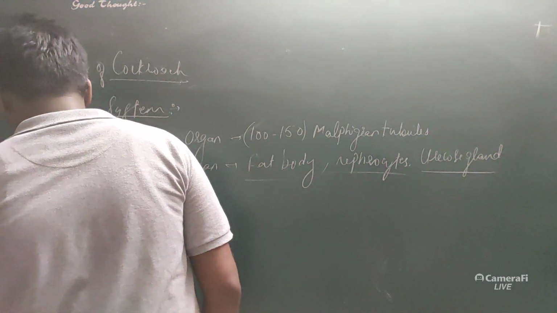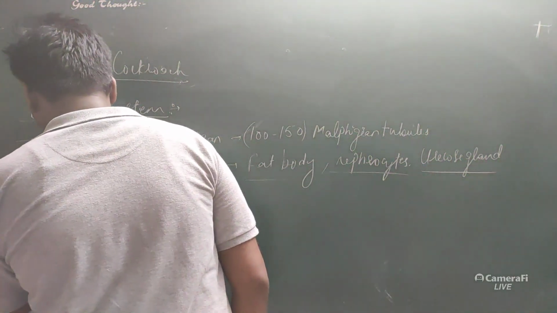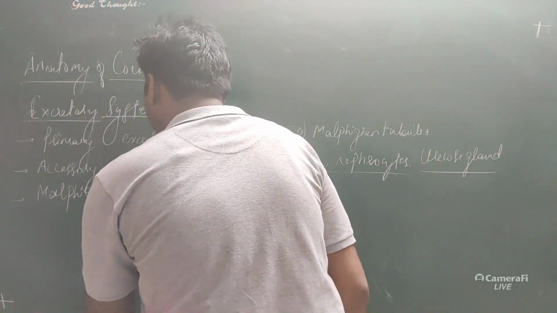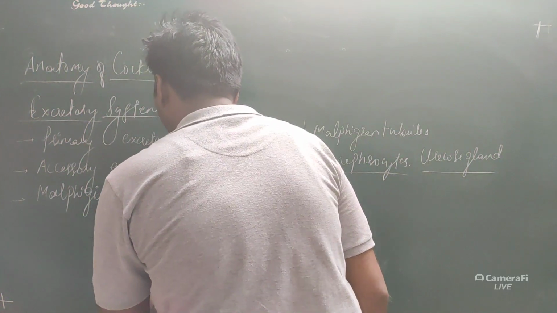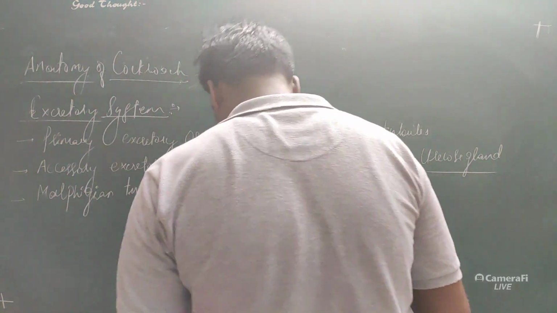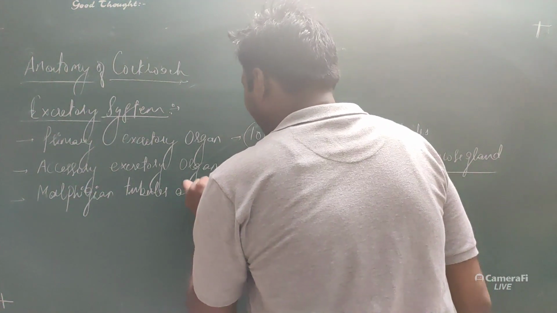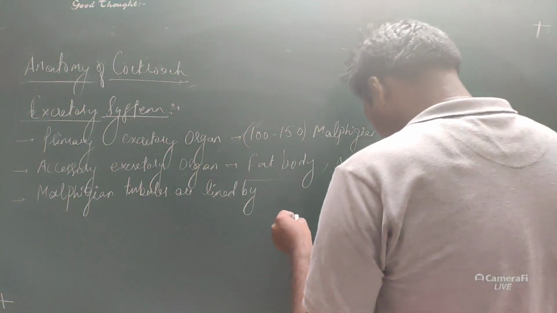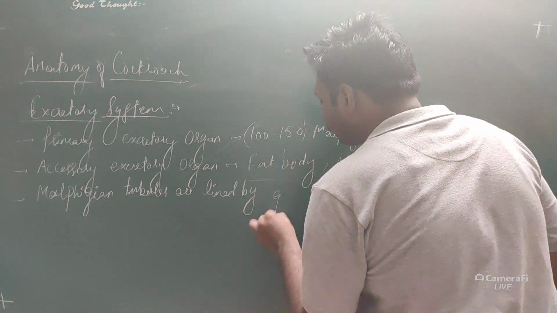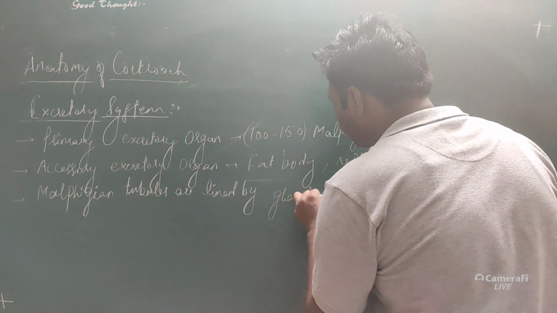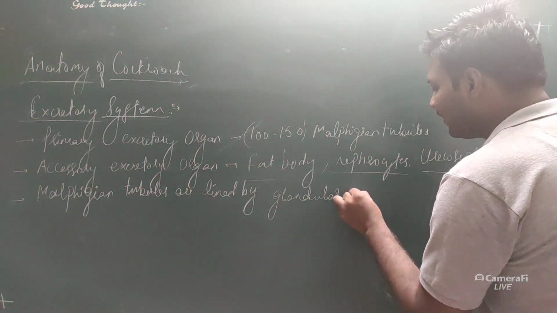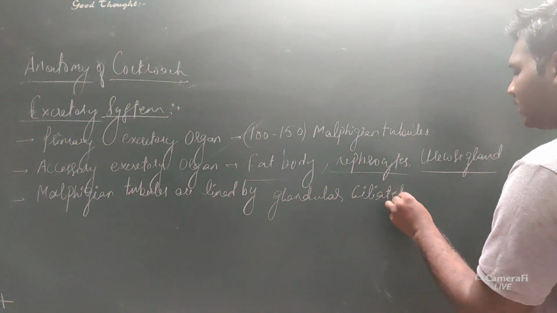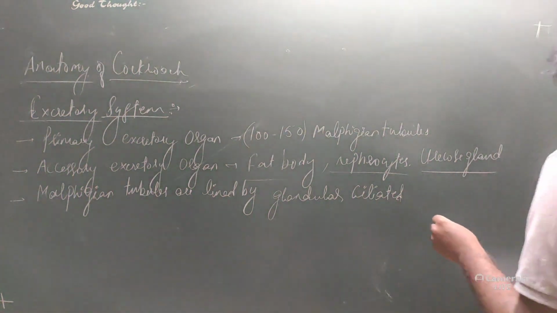Okay, the next, the Malpighian tubules are lined by glandular ciliated cells.